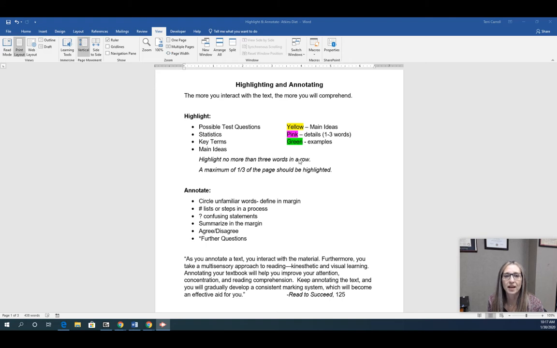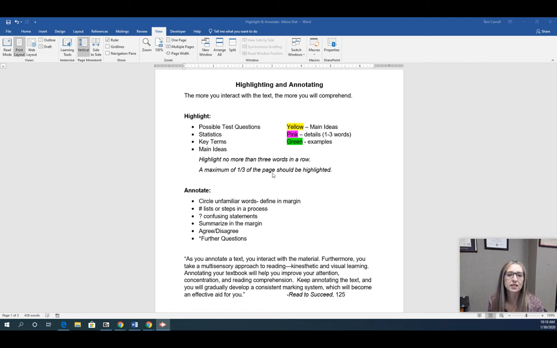Okay, we're not going to be highlighting full sentences or paragraphs. And try to keep a maximum of 1/3 of the page highlighted. So you don't want the whole page highlighted because then it just becomes a bunch of color and you're not really able to differentiate what you're looking for when you're reading.